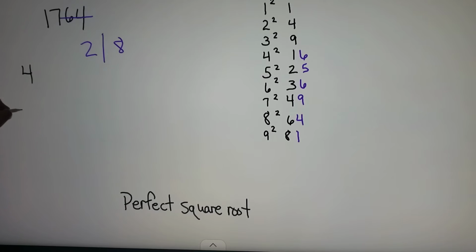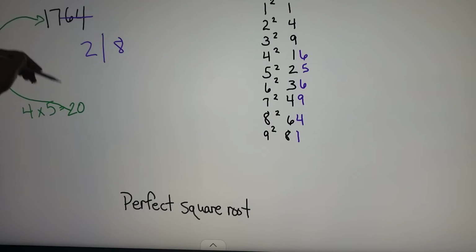So what we do here is we multiply 4 times the next highest number, which is 5. 4 times 5 equals 20. So then we look at 20, and is it bigger or smaller than 17?